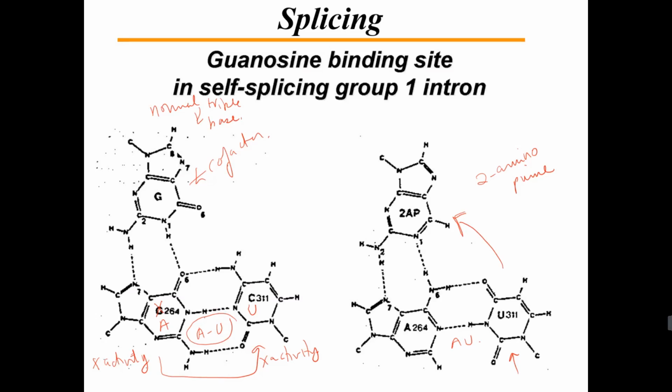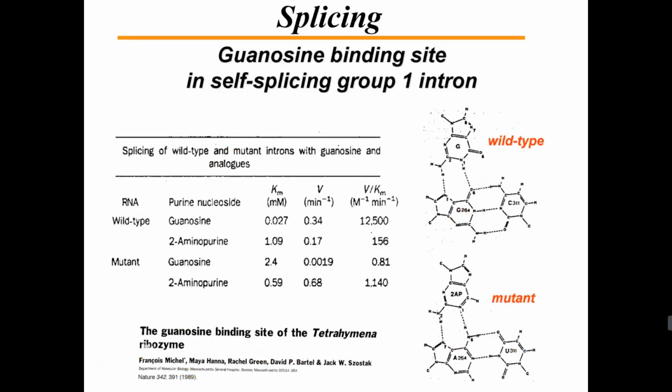Okay, so let's look at the data from this double mutant experiment. Again, I've listed the paper below, which helped to analyze the guanosine binding site of the tetrahybrid ribozyme. Again, some of the key things that we're looking at here are Km values.